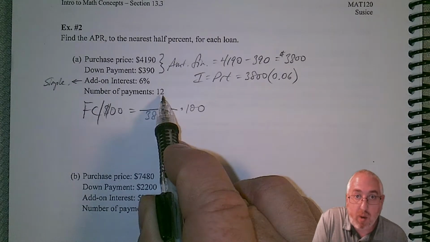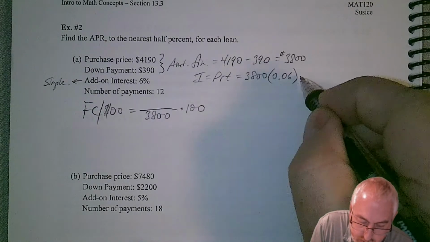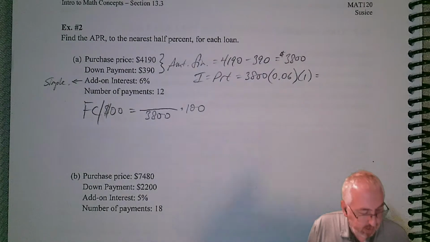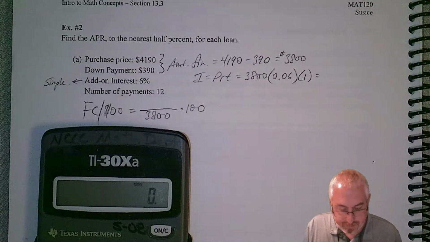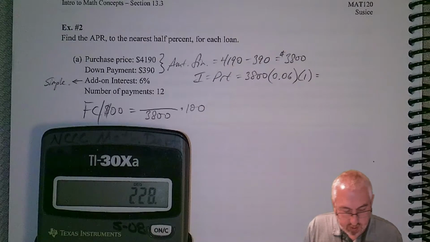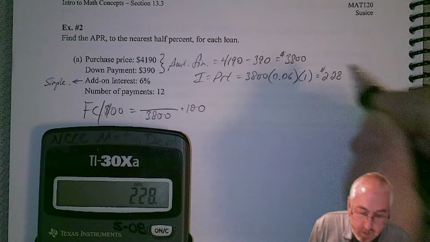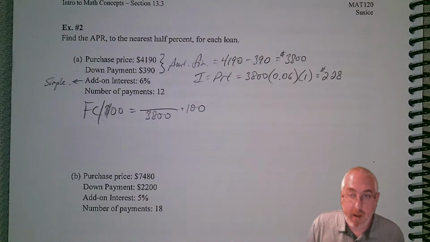Number of payments is 12. So 12 payments is 1 year. So just times that by 1, and let's see what we get. So 228. That's how much interest we're going to have to pay.